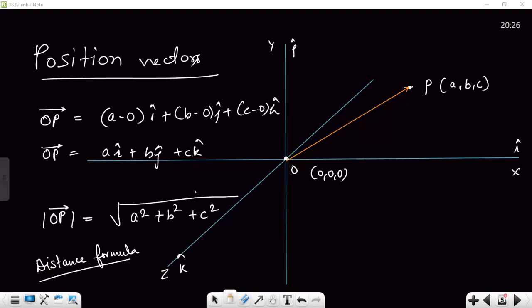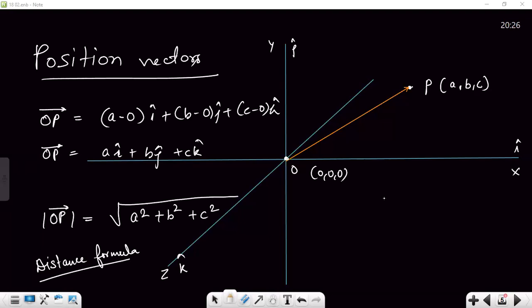So this is about a position vector. Now what about the unit? A vector must be having two things, the magnitude and the direction. This time it's not simple. Earlier we were discussing 2 I cap, so the direction was simple. The I cap is the only direction.